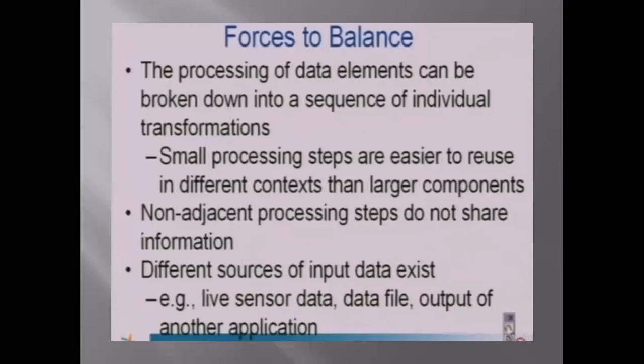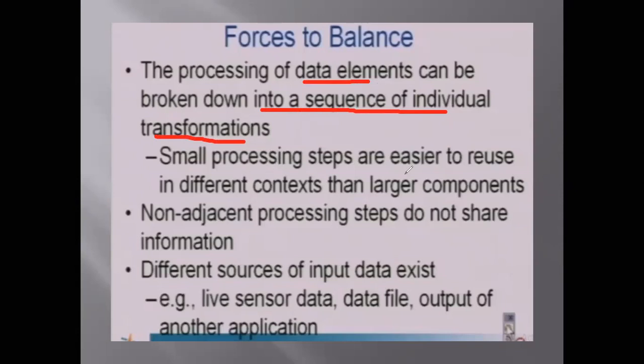There are different forces involved for these pipes and filters. Let us see a few of the forces. The first is that the processing of data elements can be broken down into a sequence of individual transformations, that is, into different subtasks.